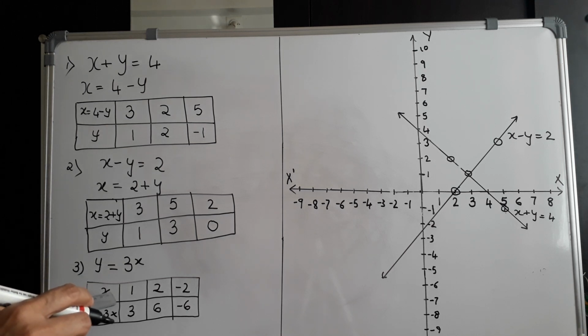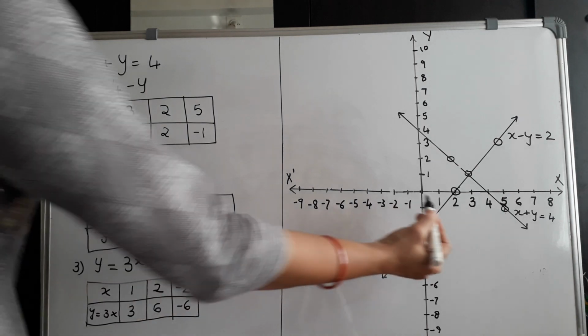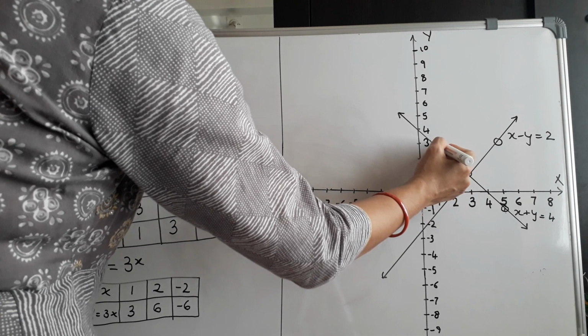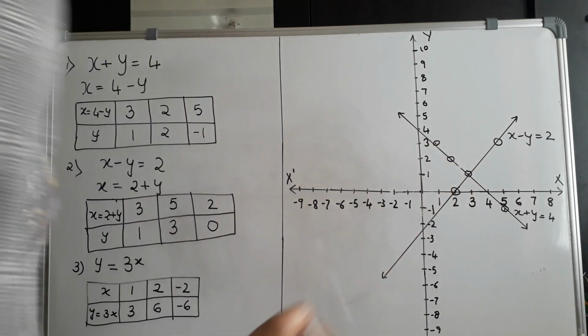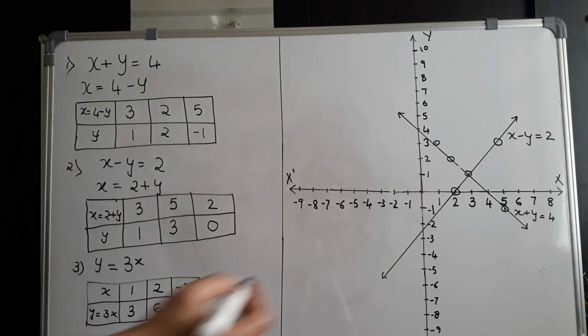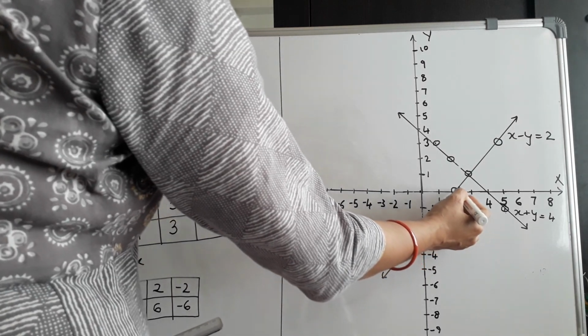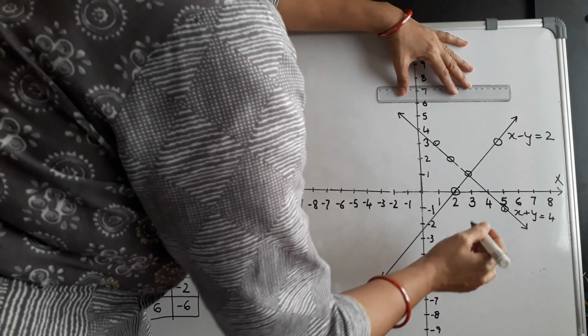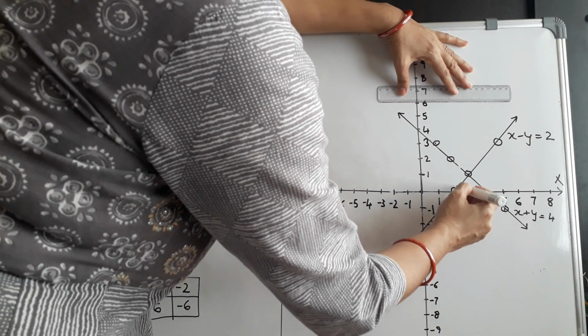Now the next one is y equal to 3x. Here, let's start with the first one. X is 1 and y is 3. So x 1 is here, y 3 is here. So you get a point over here. Then next is 2 and 6. X is 2 and y is 6. Let me draw this so that there's no mistake.